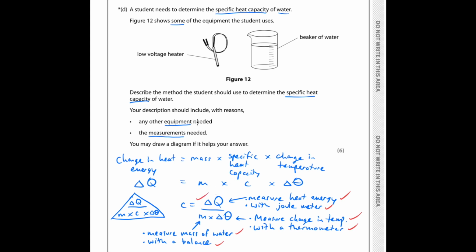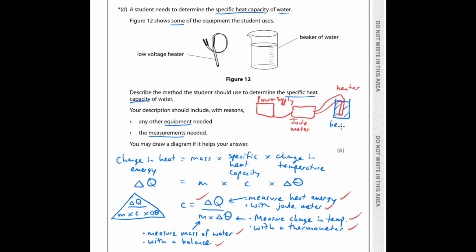Other equipment needed. You'd need a power supply. You'd need a joule meter to measure the energy. You've got the heater. That would need to go in the water.